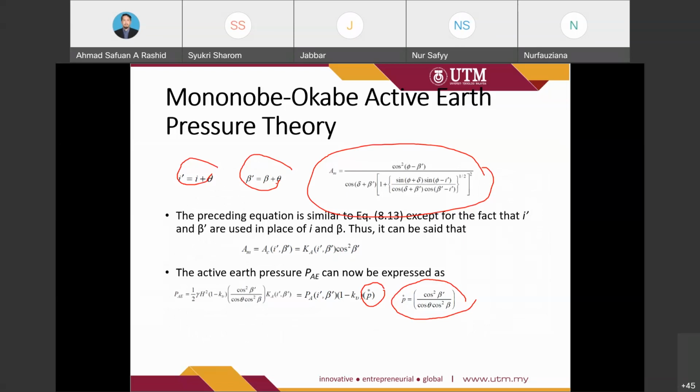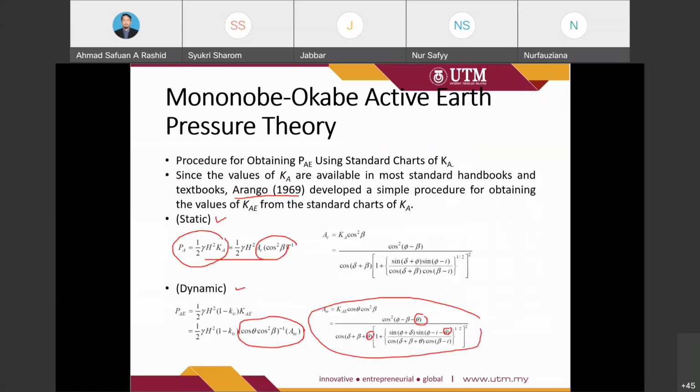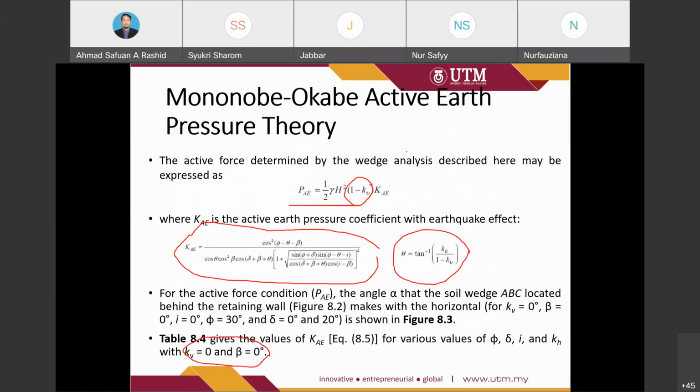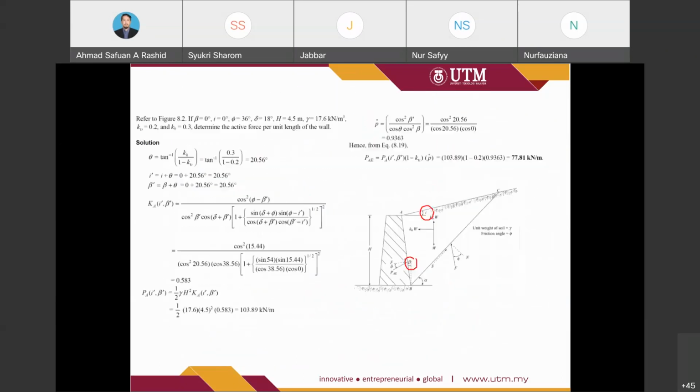The theta we can get from this equation. In this example, the procedure first is to calculate theta, which is the tangent inverse of KH over 1 minus KV. So we get 20.56, where KH is equal to 0.3 and KV is equal to 0.2.